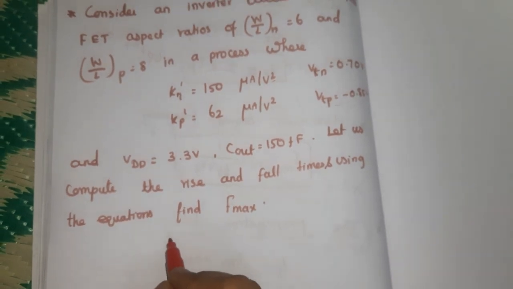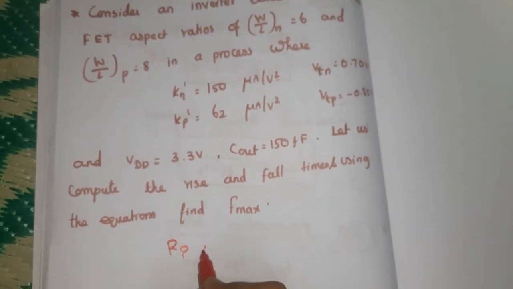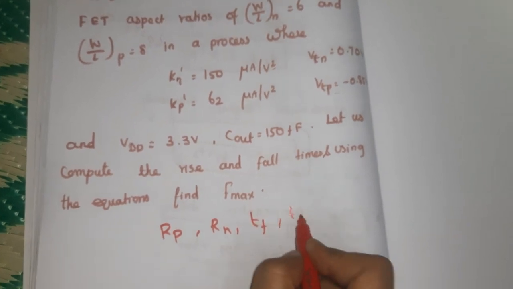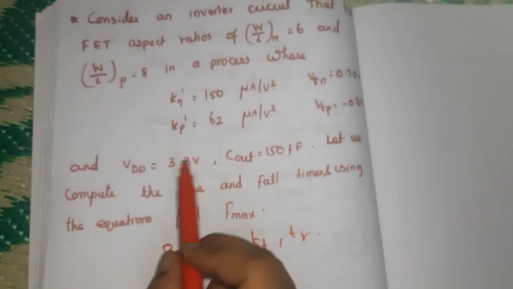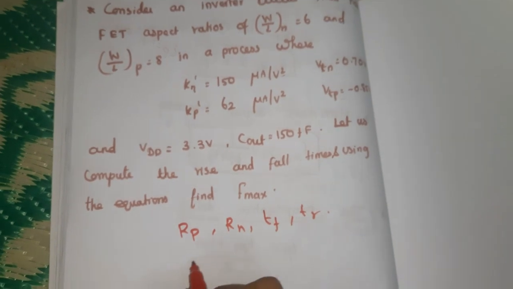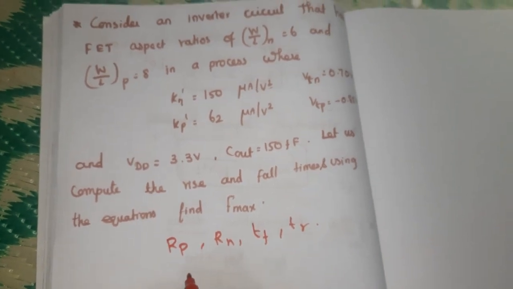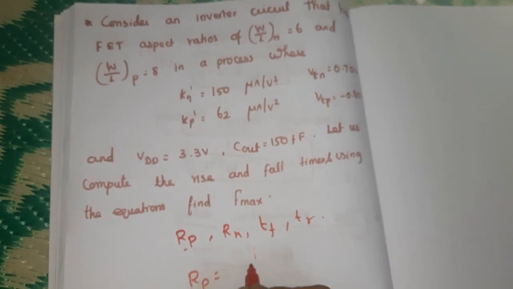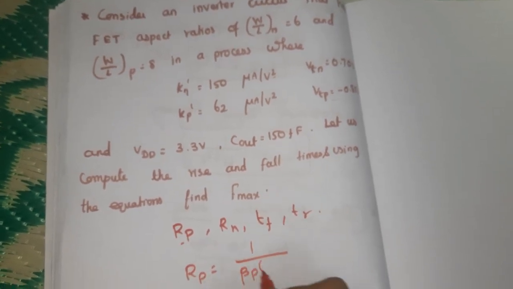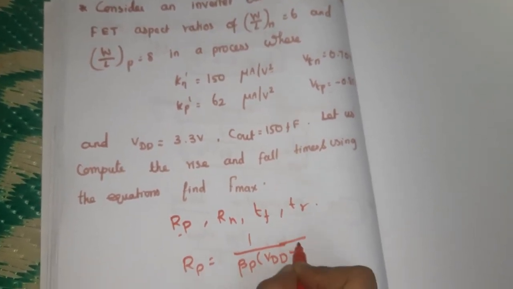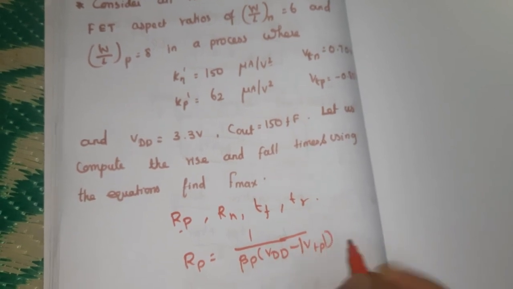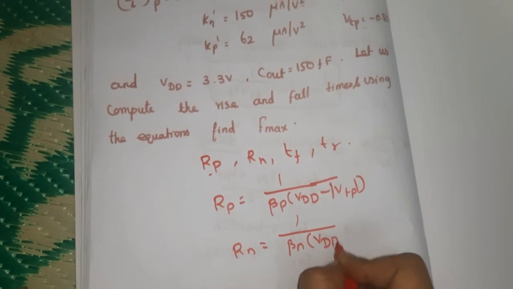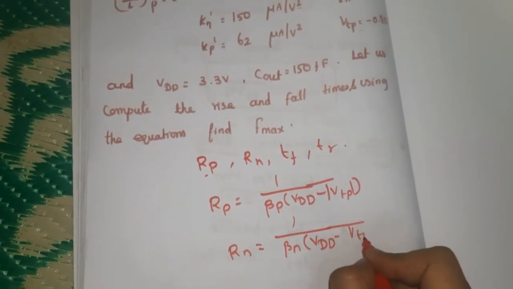So our aim is to find Rp, Rn and also TF and TR, and they are giving C out. For finding the time constant, we have to find this resistance. So first Rp is equal to 1 divided by beta P into VDD minus VTP, and Rn is equal to 1 divided by beta n into VDD minus VTN.